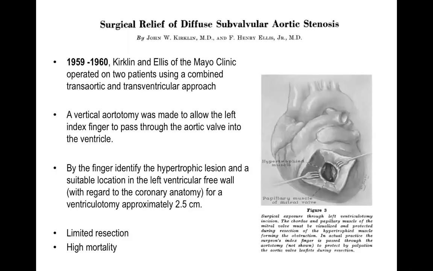After that, in 1959 and 1960, Kirklin and Ellis at the Mayo Clinic operated on 2 patients using a combined transaortic and transventricular approach.